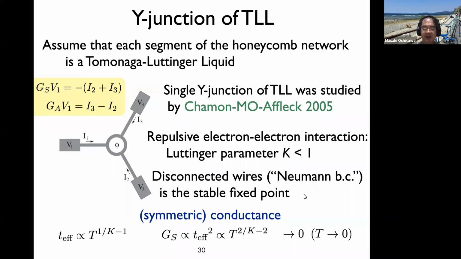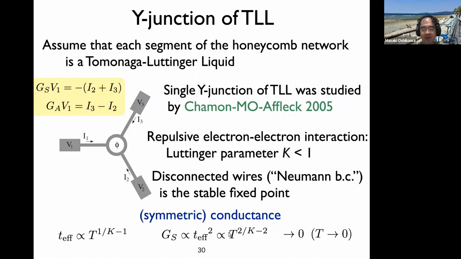So in this case, again, the disconnected limit is stable with respect to renormalization group transformation. So generically, you expect the conductance to go to 0, and then tunneling between different wires, different segments, becomes an irrelevant perturbation, and you can derive the scaling behavior of the effective hopping, and then you can derive the effective conductance as a function of temperature for each junction.